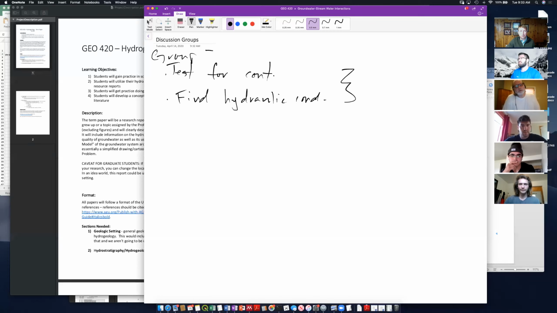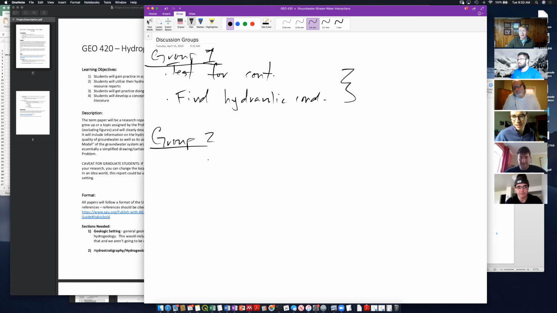All right, group 2. We were first going to look at the topography of the area and see if perhaps the river is experiencing a relatively low change in elevation.